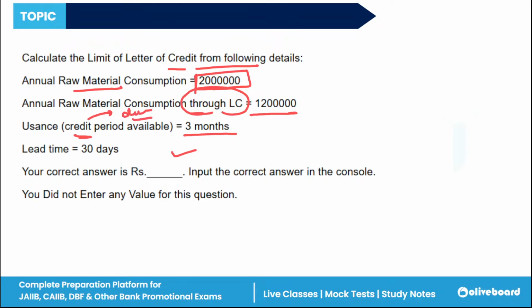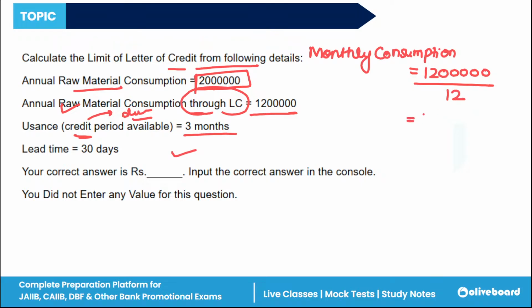And here I can say, if see the monthly consumption, that is the given annual raw material consumption, so I can calculate here the monthly consumption. What is the monthly consumption? Just divide it by 12, that is 12 lakh divided by 12, which is equals to 1 lakh.